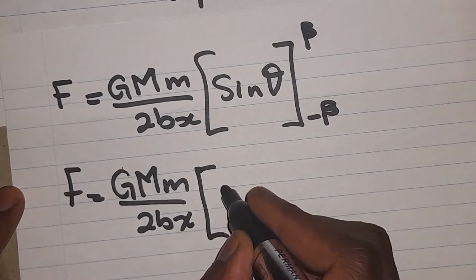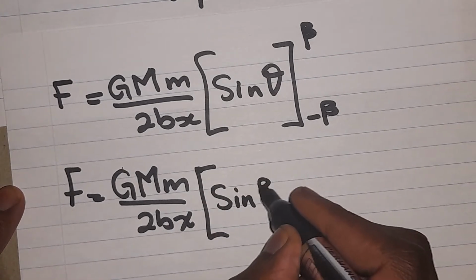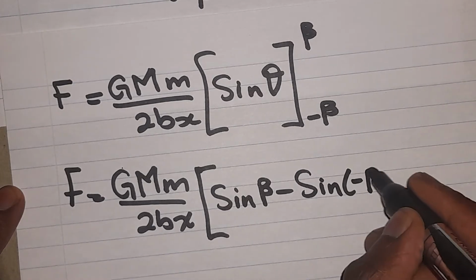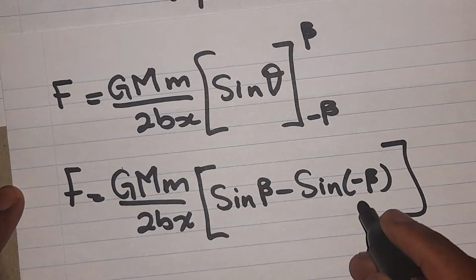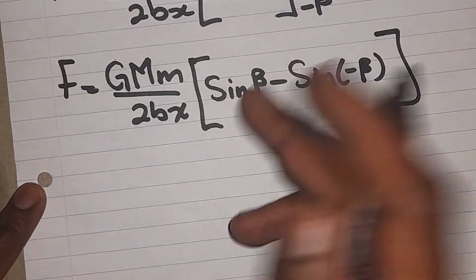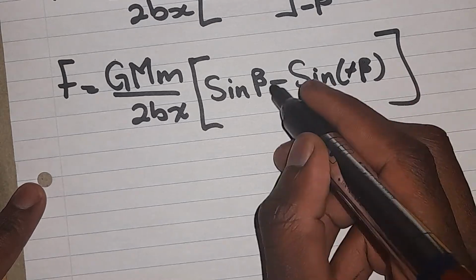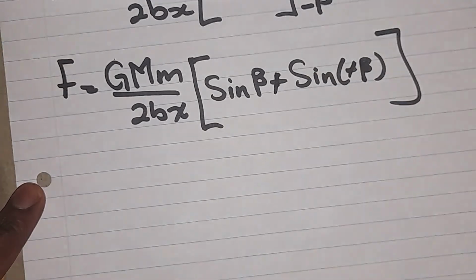Then we'll have sine beta minus sine of minus beta. Sine of a negative number is just negative sine of that number. So this sign will come outside and cancel with this one and make it positive.